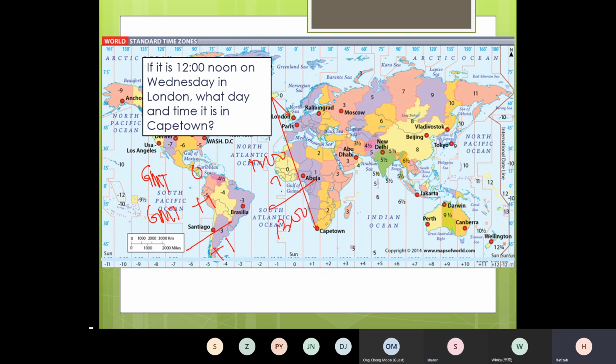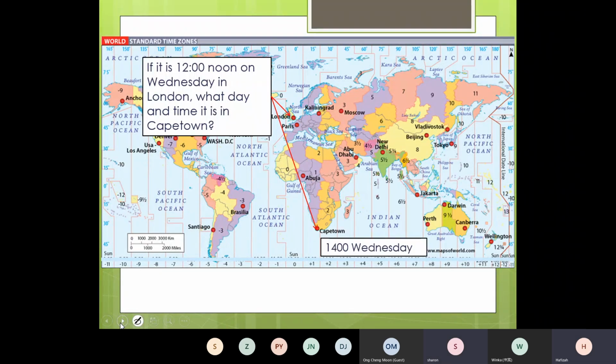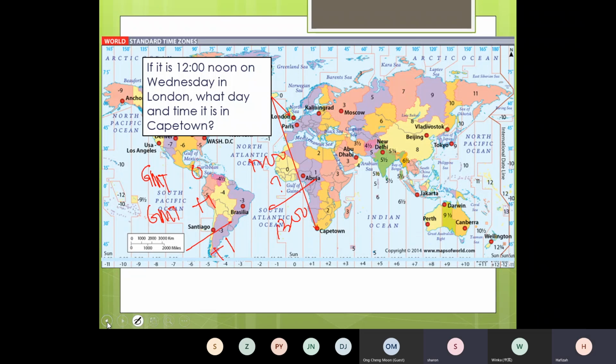Why is it 13? 12 plus 1, 13. Because it's plus what? Cape Town is plus 2, sorry. It's in this line. Because just now I looked on here, it cannot be read in a straight line like this. So the answer is 14. Okay, Sharon? So clear on this?